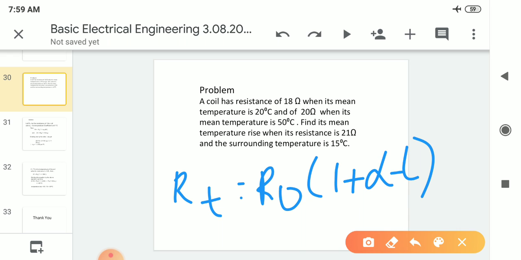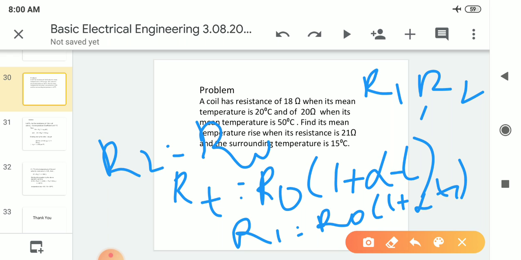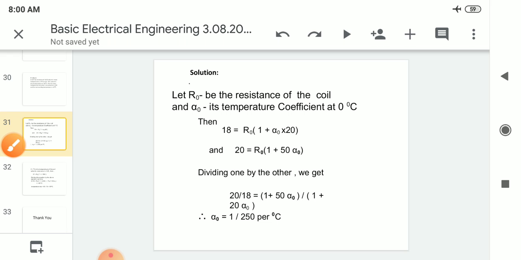In this problem they have given R1 and R2 values. So R1 is equal to R naught into 1 plus alpha T1. Like that, R2 is equal to R naught into 1 plus alpha T2. Divide these two equations.